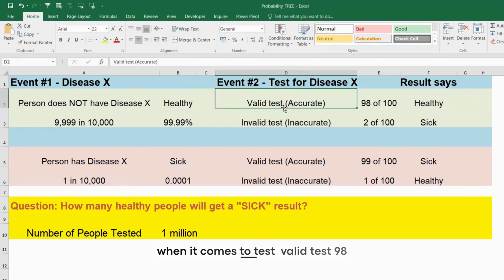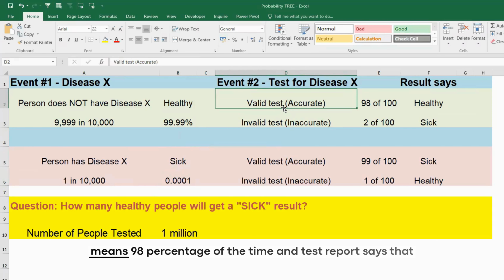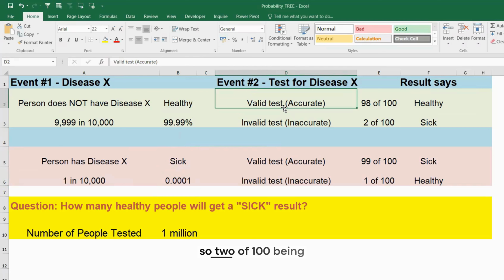But when it comes to test, valid test, 98 of 100 been marked as healthy. That means 98% of the time the test report says that it is healthy. But invalid test, right? So 2 of 100 been shown as sick, although they are healthy, but due to the reporting it shows sick.